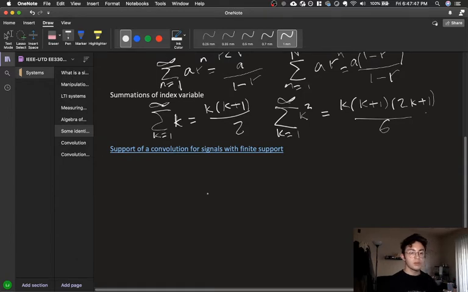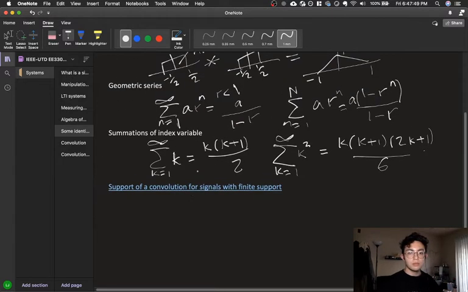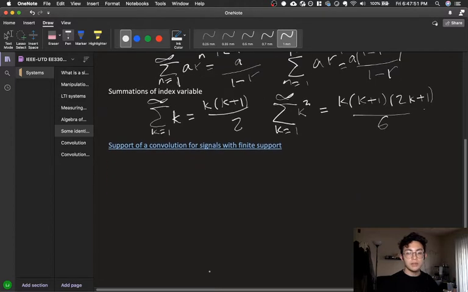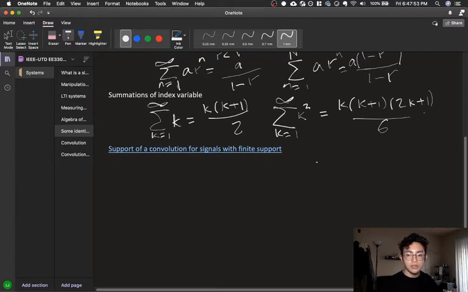So these will arise if we have some signal, like a discrete time signal.